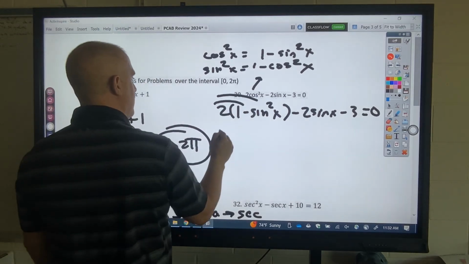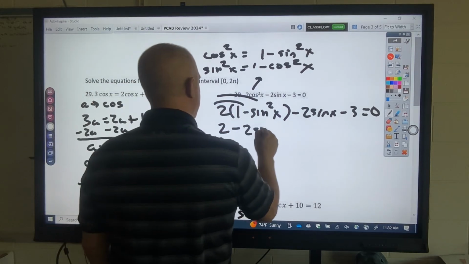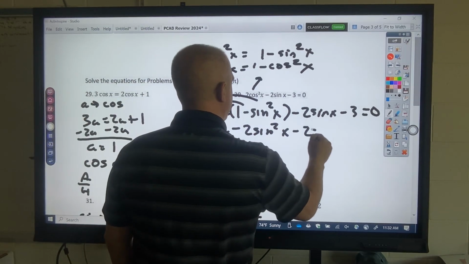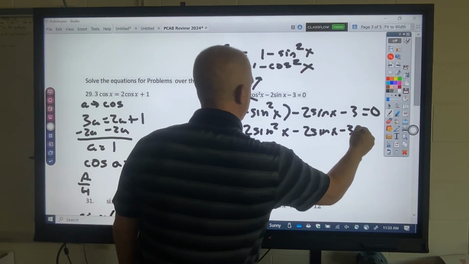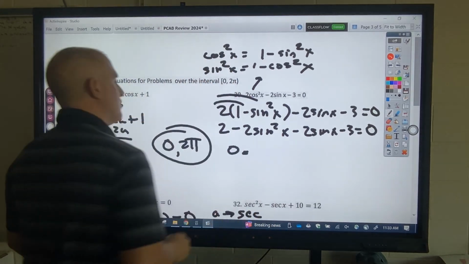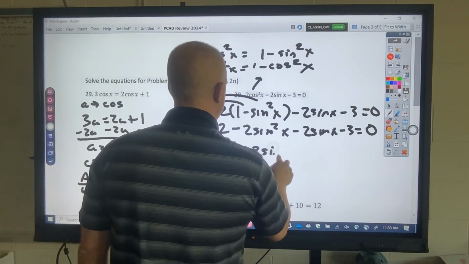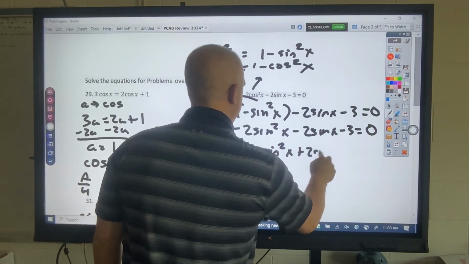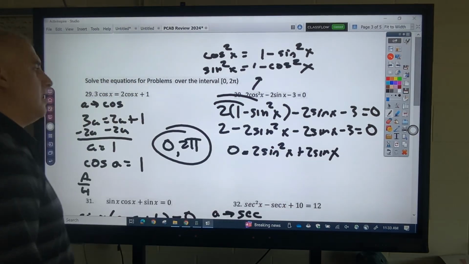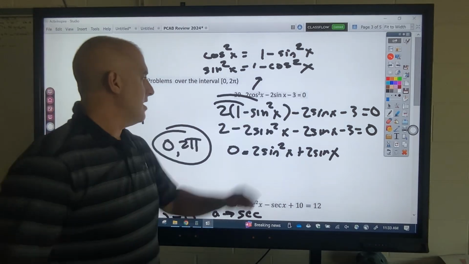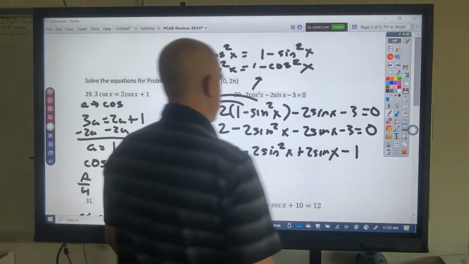If I distribute that, that's 2 minus 2 sine squared minus 2 sine of x minus 3 equals 0. Okay? So what I want to do is bring everything back to the other side. So what I got is 2 sine squared plus 2 sine of x. If I combine these, that would be minus 1.